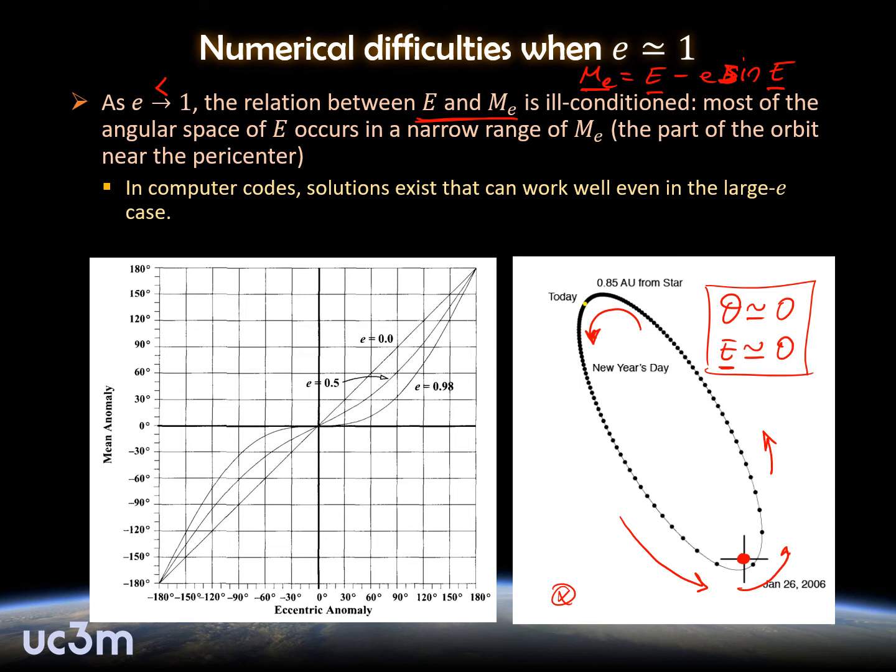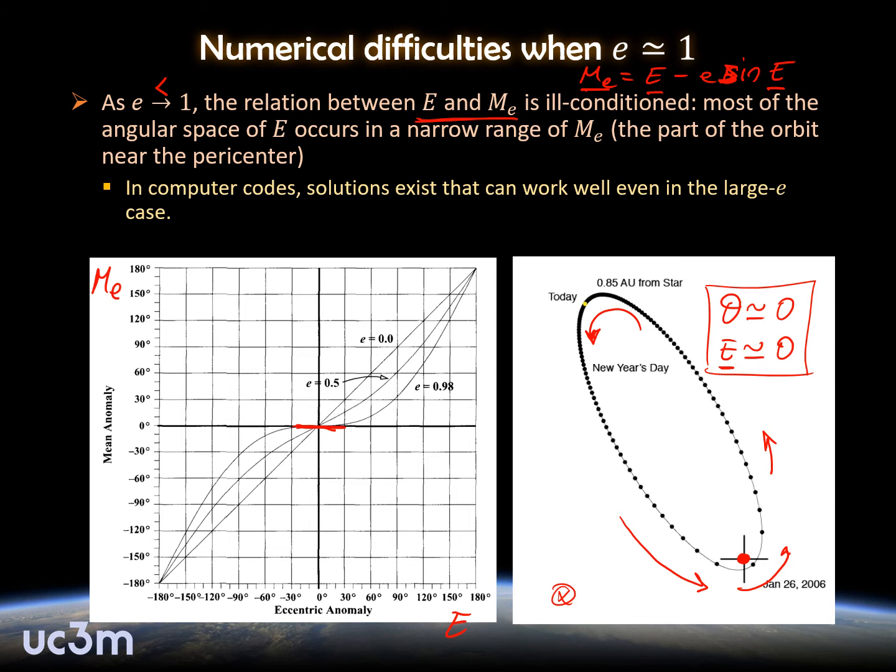If we plot M versus E, you can see that for very large values of E, the function becomes almost flat in this region. That is related with this difficulty of inverting the relation, so it's something that we have to take into account. This may mean that in those cases we have to take a better initial guess for the eccentric anomaly when applying the Newton-Raphson method.